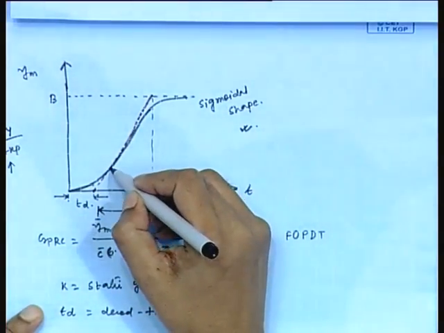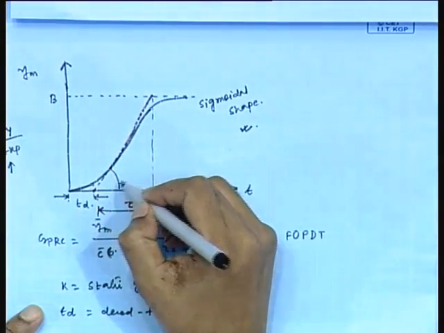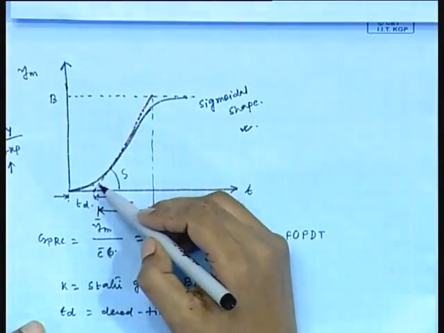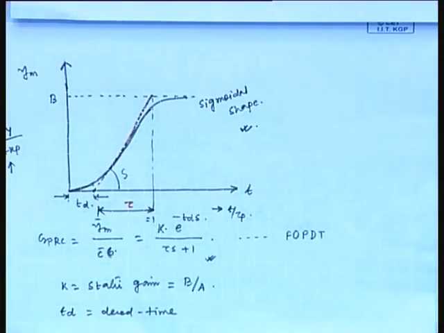If we consider the slope of this tangent is S, then we can write tau equals B by S. Can we write?